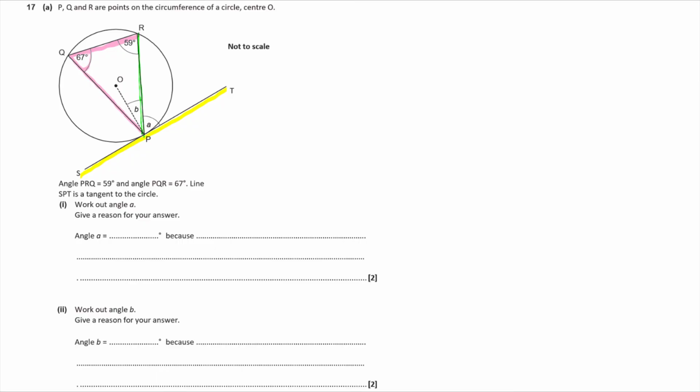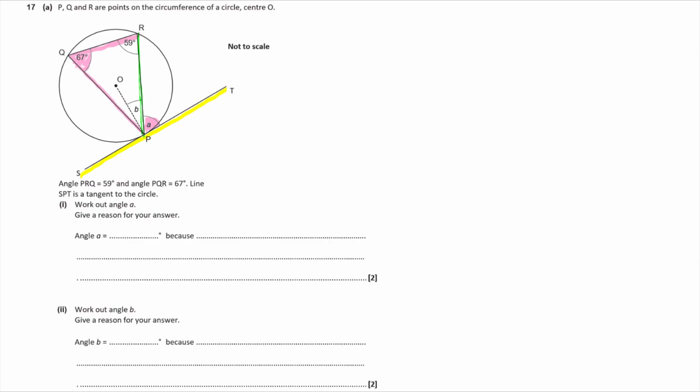And so this angle here, 67, and this angle here, A, are the same thing, because the alternate segment theorem says the angle between a tangent and a chord drawn at the point of contact is equal to the angle subtended in the alternate segment. Okay, so there we go, that's the answer.